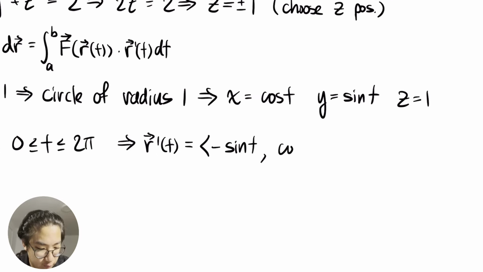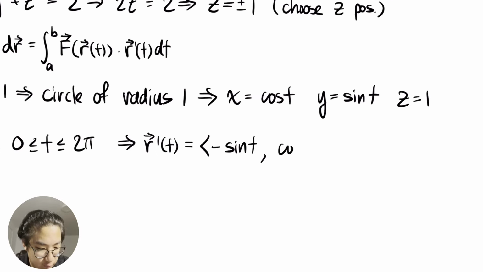Next we have 1/3 x cubed, so 1/3 cos cubed t. And finally z squared y, or just 1 times sine t, so just sine t. And this is being dotted with r prime of t, which is negative sine t, cos t, and 0.